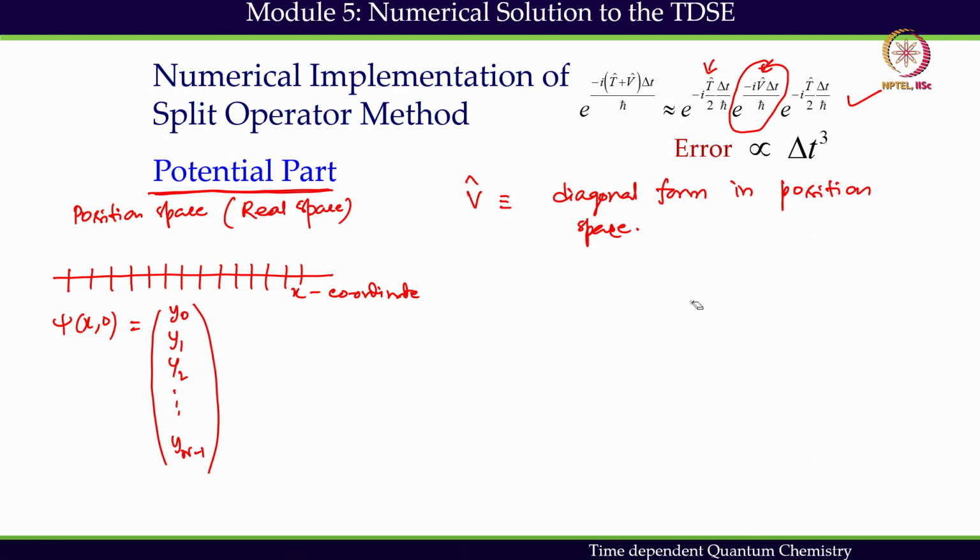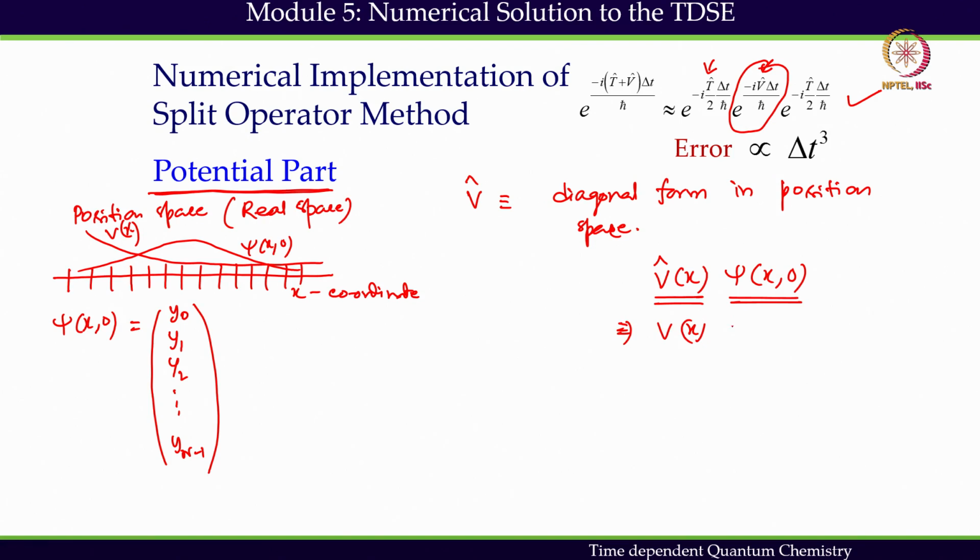I'll show this. So we have this potential part. When the potential operator is acting on a wave function, let's say psi x0, one can assume that I have a wave function like this, and the potential, let's say, I have like this. This is Vx. The potential operator is nothing but a multiplication operator.